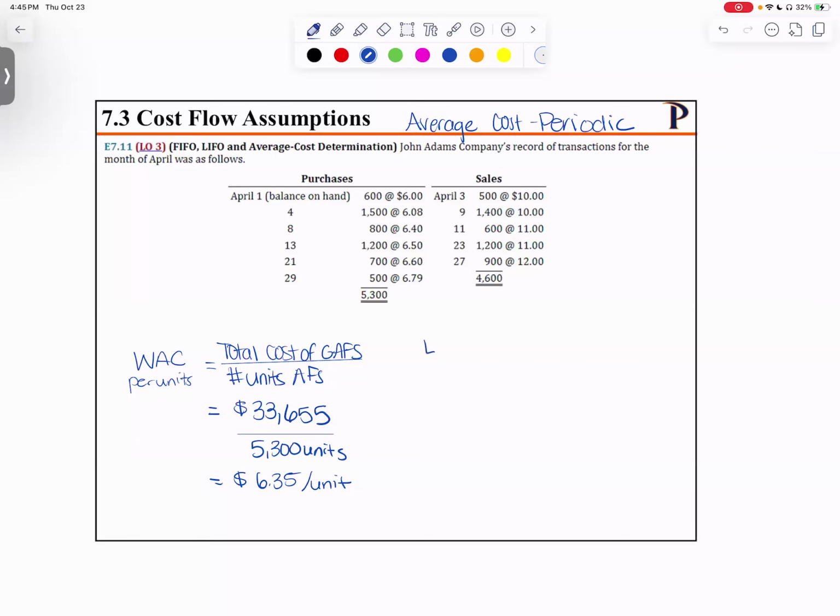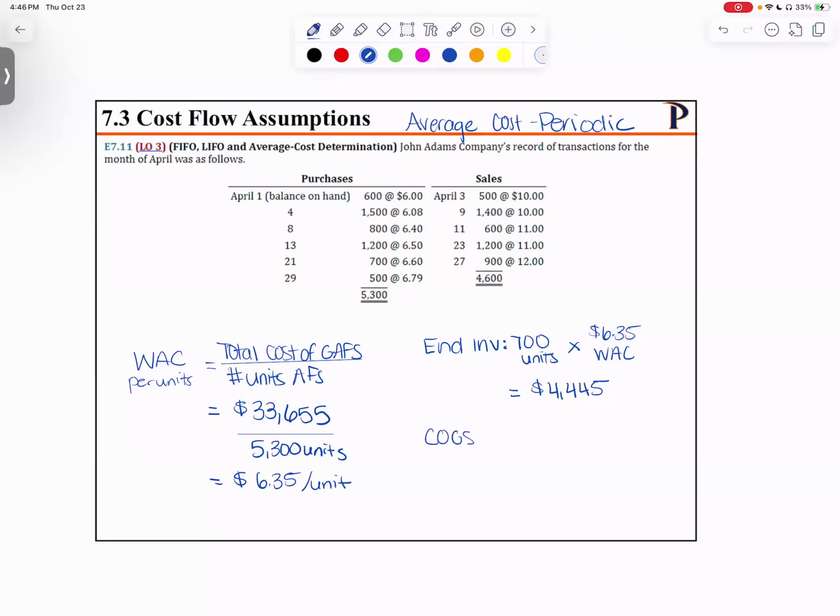To calculate ending inventory, we calculated before that we have 700 units in our ending inventory. We'll multiply that by our weighted average cost of $6.35 per unit, and we'll arrive at an ending inventory value of 4,445.